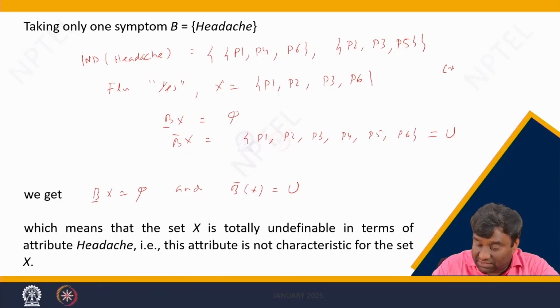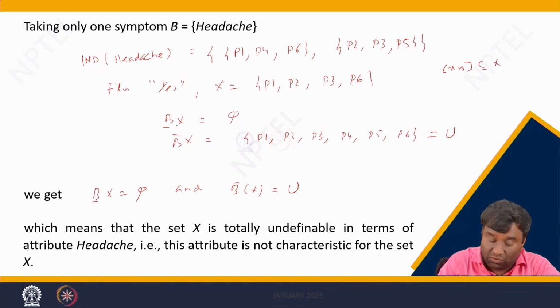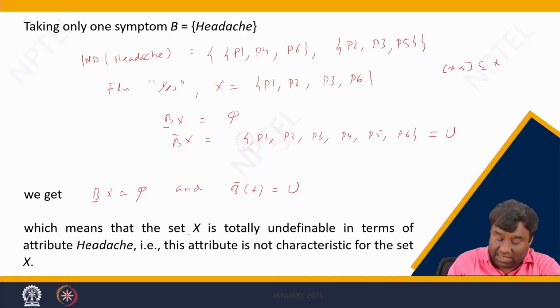This equivalence class is not completely a subset of the target set. So the lower approximation is null, and the upper approximation is the total set of objects. Which means that set X is totally undefinable in terms of the attribute headache. That is, this attribute is not characteristic for the set X, that is flu yes.